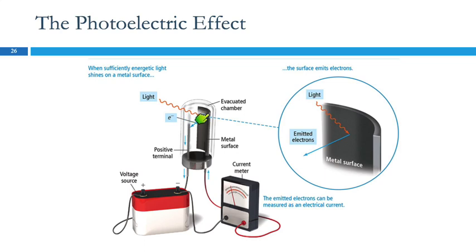But if an electron leaves the metal, it's negatively charged, and it's going to be attracted to this positive terminal. So it will go through the air to the positive terminal, and we can measure that using this current meter. So light is hitting the surface, causing electrons to be ejected, and we can measure those.